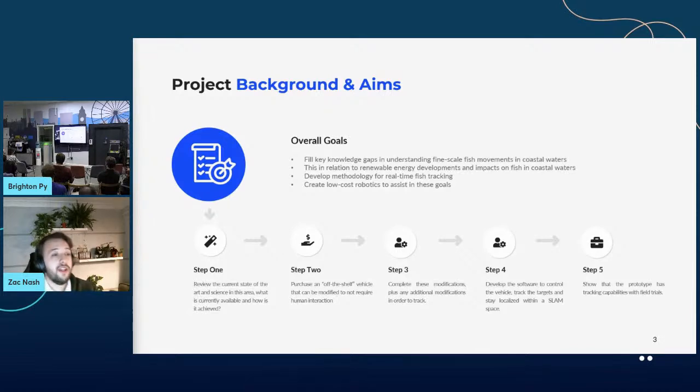And then step 4 is to develop the software to control that vehicle and track the targets, and also simultaneously localize and map (SLAM) the space. Finally, it's to show that the prototype works in field trials.